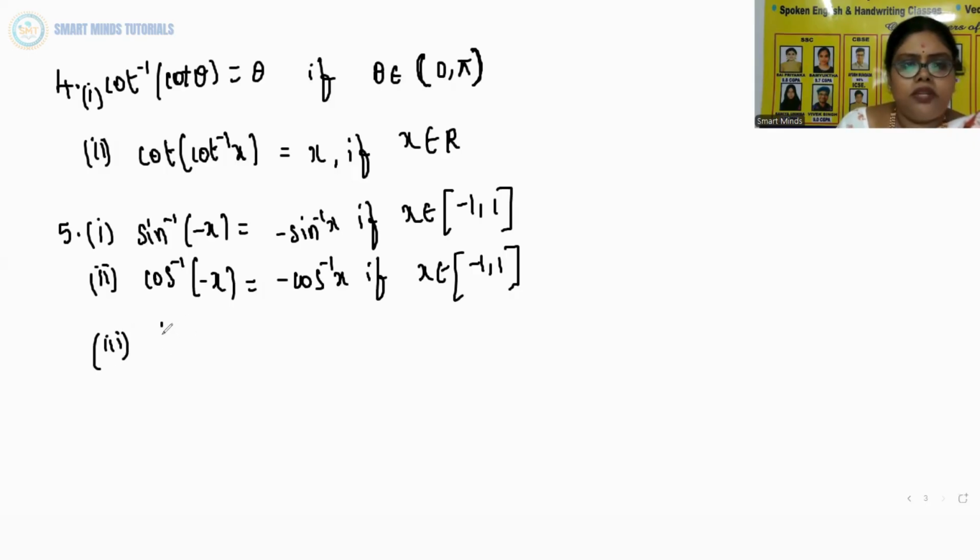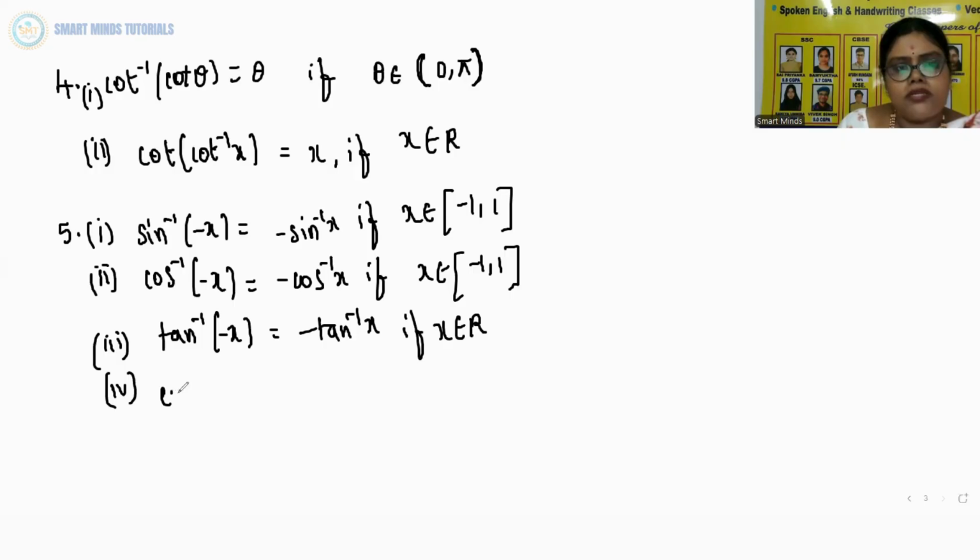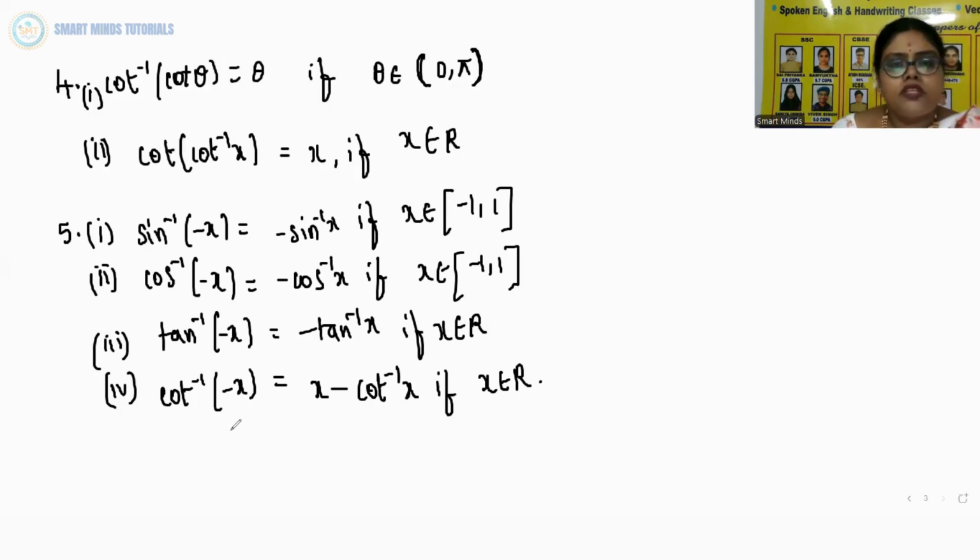Number 3, tan inverse of minus x equals minus tan inverse x if x belongs to R. Number 4 is cot inverse of minus x equals minus cot inverse x if x belongs to R. So for all real numbers, tan inverse and cot inverse behave the same way. But sine inverse and cos inverse will be minus sine inverse and minus cos inverse only if x lies between minus 1 and plus 1, including minus 1 and plus 1.